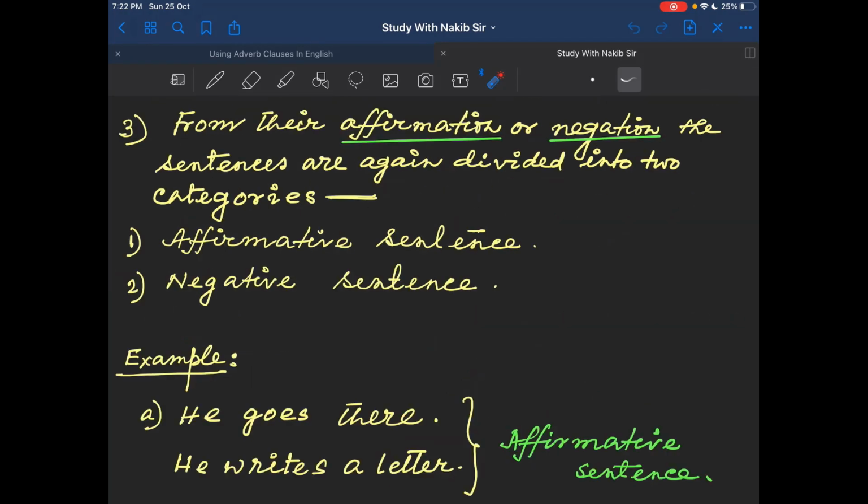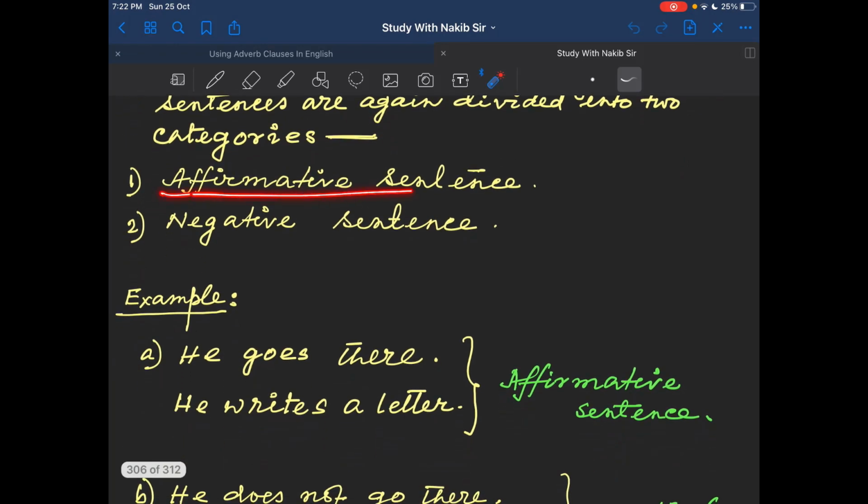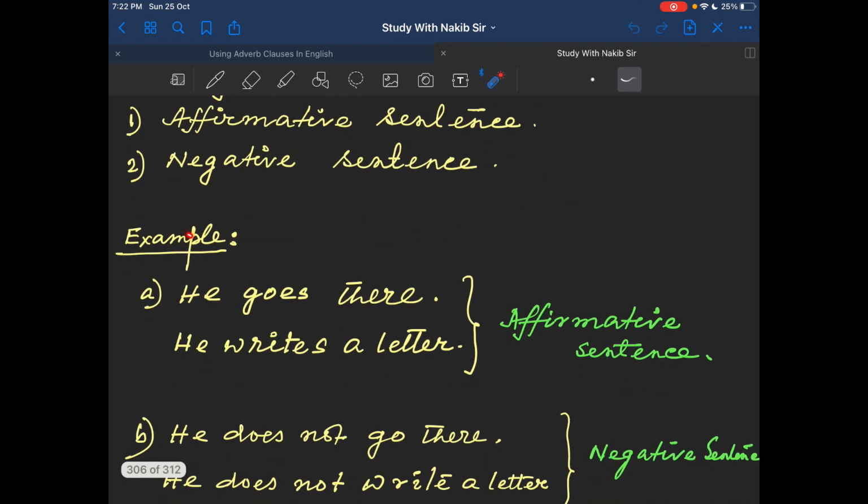Now see, from the affirmation and negation, the sentences are again divided into two categories. Number one, affirmative sentences, and number two, negative sentences. See the example. He goes there, he writes a letter.